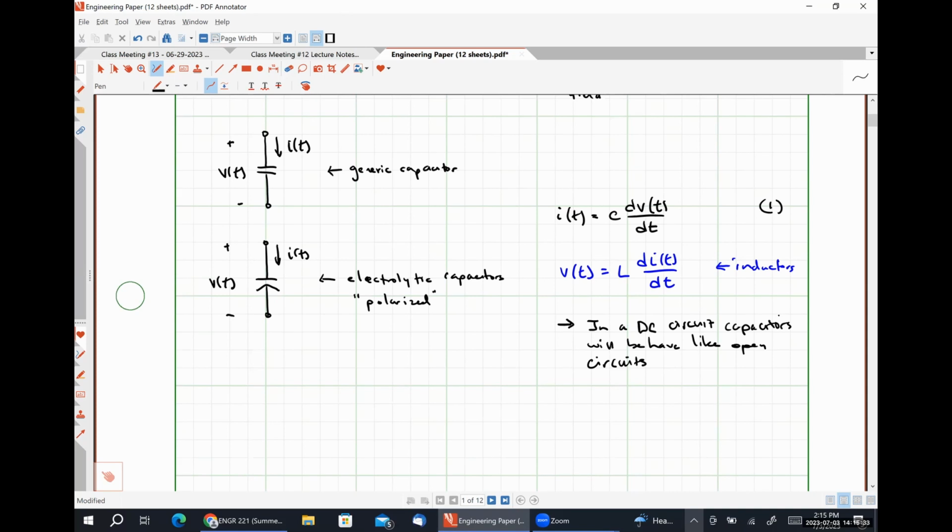Okay? Our other result from the derivative-based relationship for inductors was that the current flowing through an inductor could not change abruptly. Well, for capacitors, it is the voltage that cannot change abruptly.